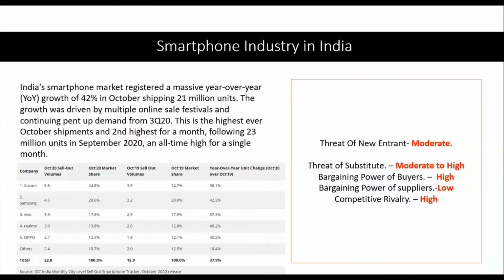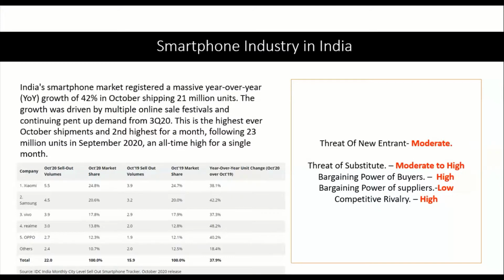Recently I've seen a few products from Samsung which have very good functionalities and features, and they cost you around some price, and at the same time, for half of the price, you're getting the same features and functionalities in Oppo and Vivo. So based on the user's requirement, if they think about the pricing, the price sensitiveness, from the bargaining power of the buyer, then definitely it may hit Samsung.